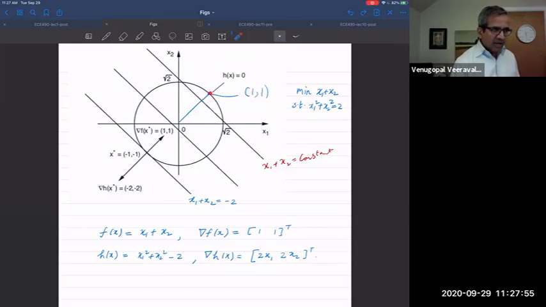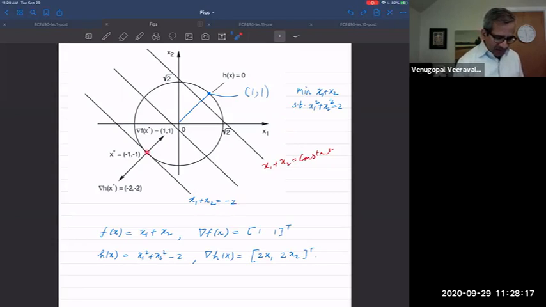And among all those lines, I want to know which one gives me the smallest value of the function f. And of course, it's obvious from this picture that it's this extreme line here, which will correspond to the smallest value of f. So that's x1 plus x2 equal to -2.